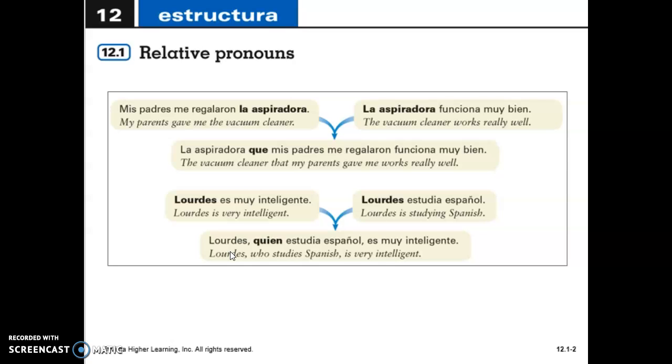So it will depend on the piece of information that we want to emphasize. And between commas, we will put some extra information, some additional information, or some information that clarifies who specifically I'm talking about, okay?